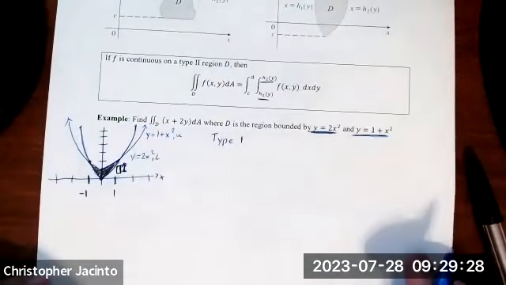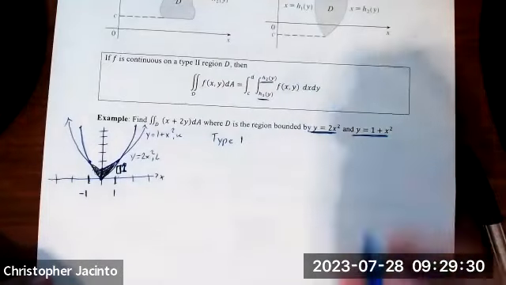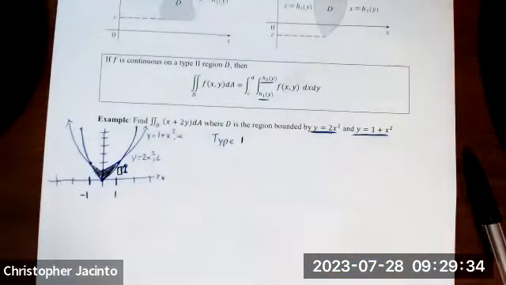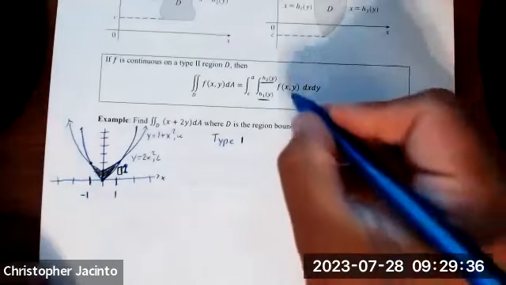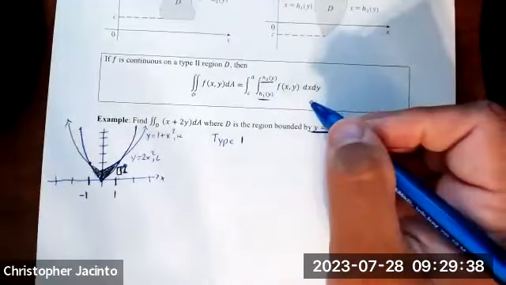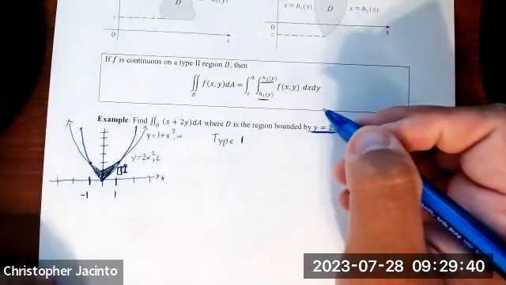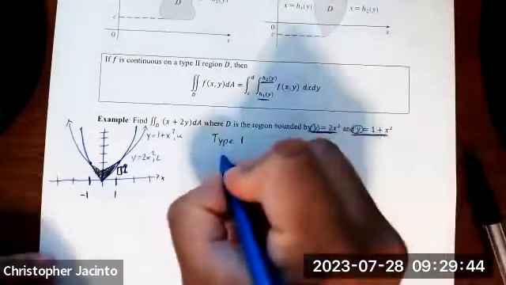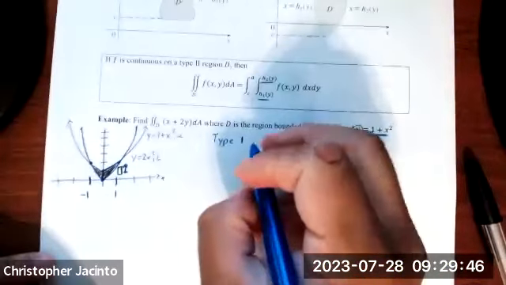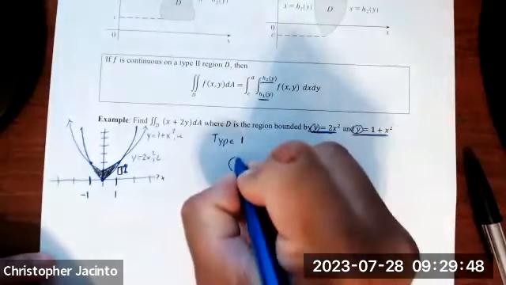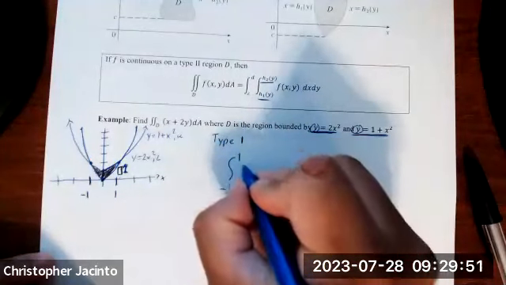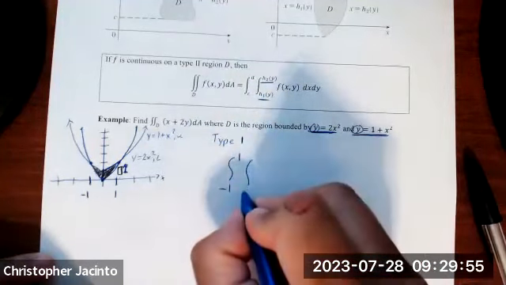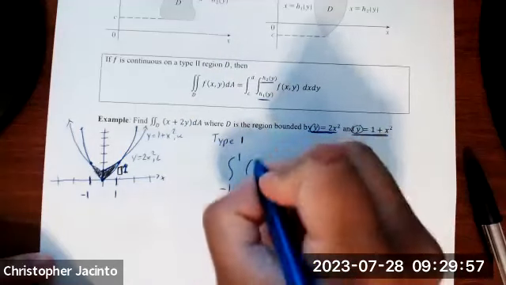Top minus bottom. Okay, so now that we have that, a type 1 represents only in terms of x, right? So the first thing you got to do, oh, actually, it's already done in terms of x. Good. So we're going to go from -1 to 1 as our x bounds. And then our integral with respect to y is just going to be the bottom function and the top function.